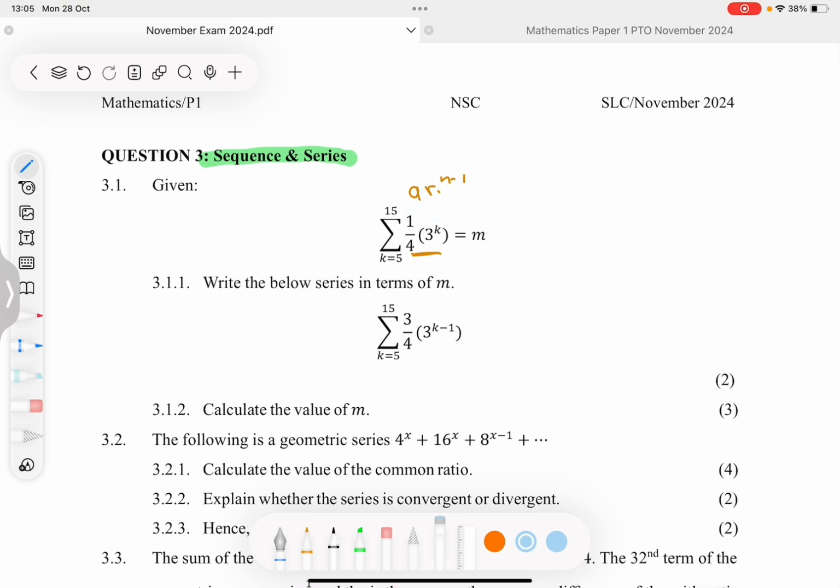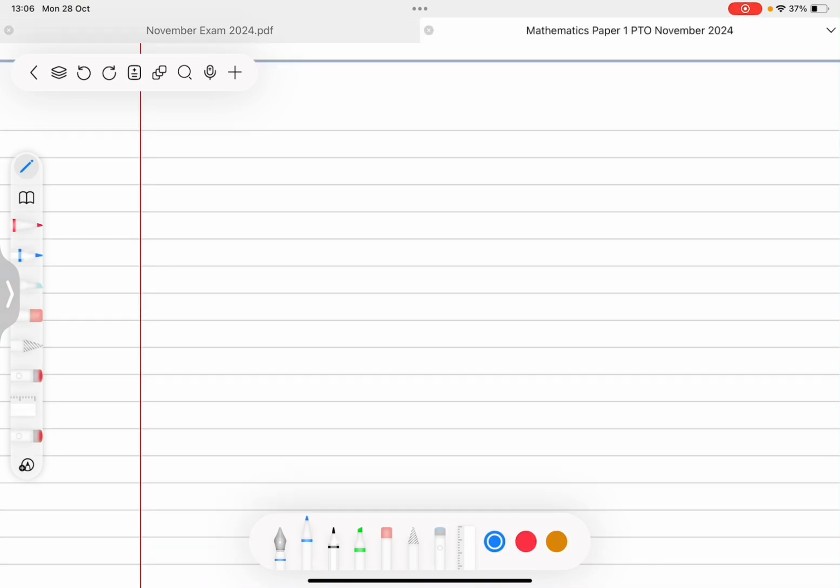Now they say in 3.1.1, write the below series in terms of m. So to do this, we must compare these two and see how we can rewrite this with m in it. Now, what I'm going to do is rewrite this here.